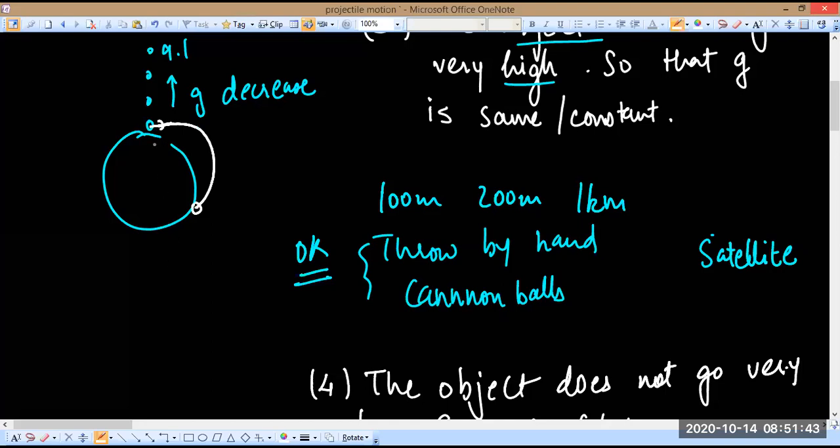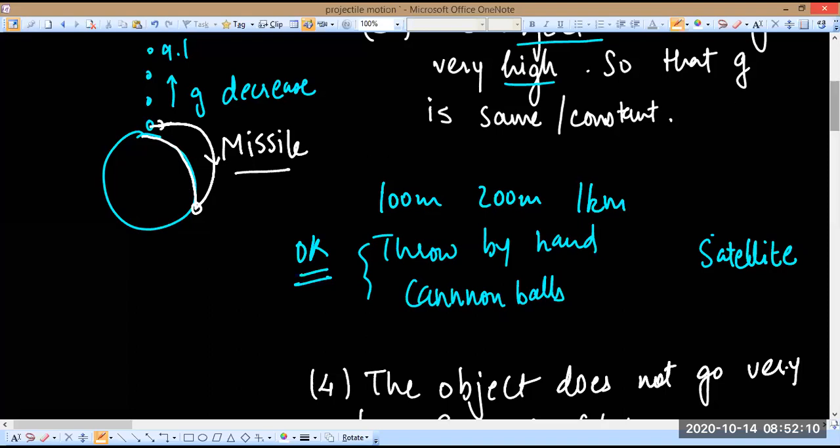So when it goes to a very large distance, and such things are called missiles, by the way, stones will not go that far from you, whatever you do. If something goes very far, you can clearly see that this earth is curved, right? So it has an effect.